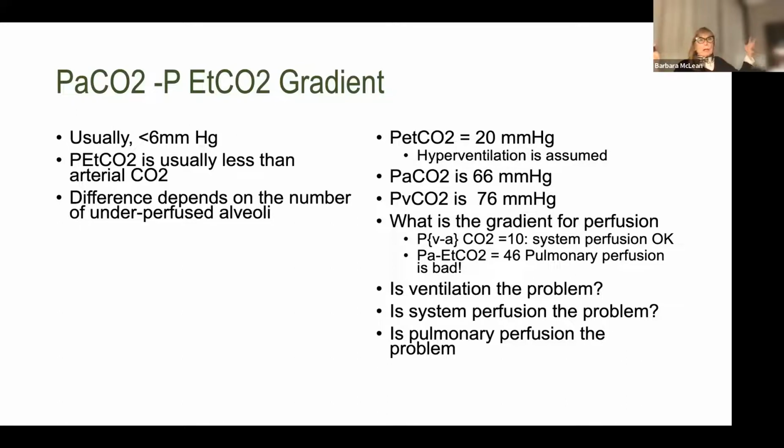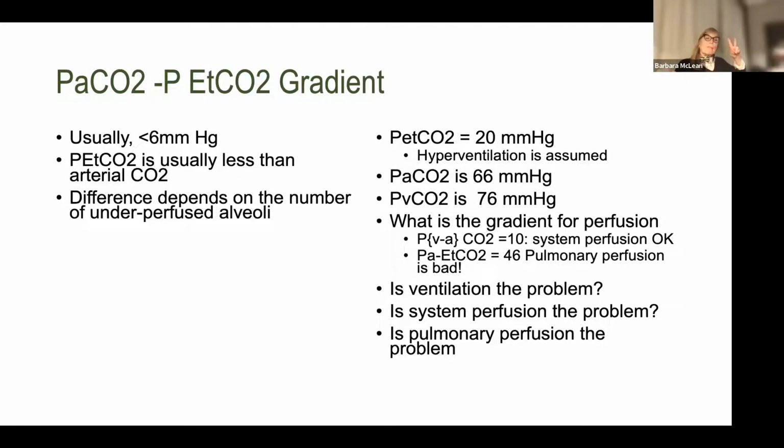Systemic perfusion: venous is elevated, but typically end-tidal and arterial are low, and they're in the same direction. It's the venous that's elevated. That's the systemic perfusion. Pulmonary perfusion, very straightforward.